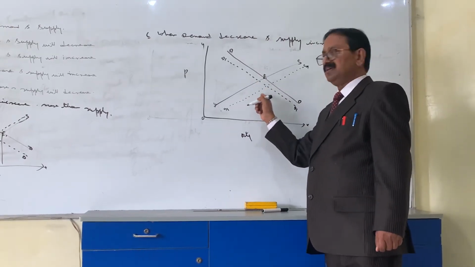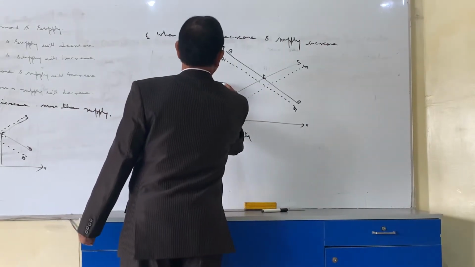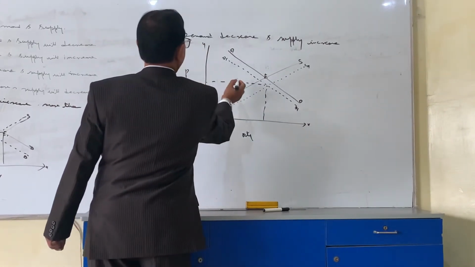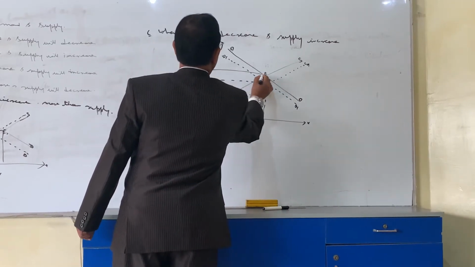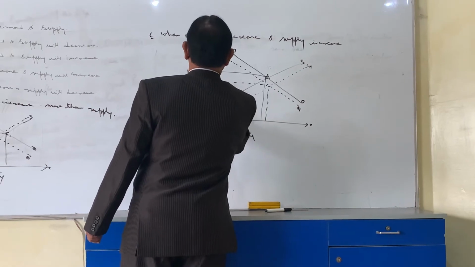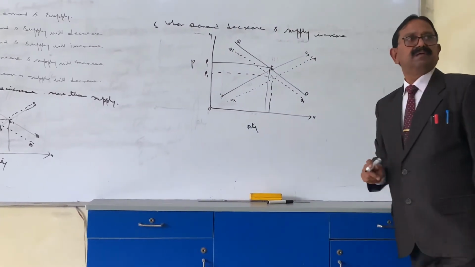And supply is increase. This is the equilibrium price. Earlier it was P, maybe now P1 has come.